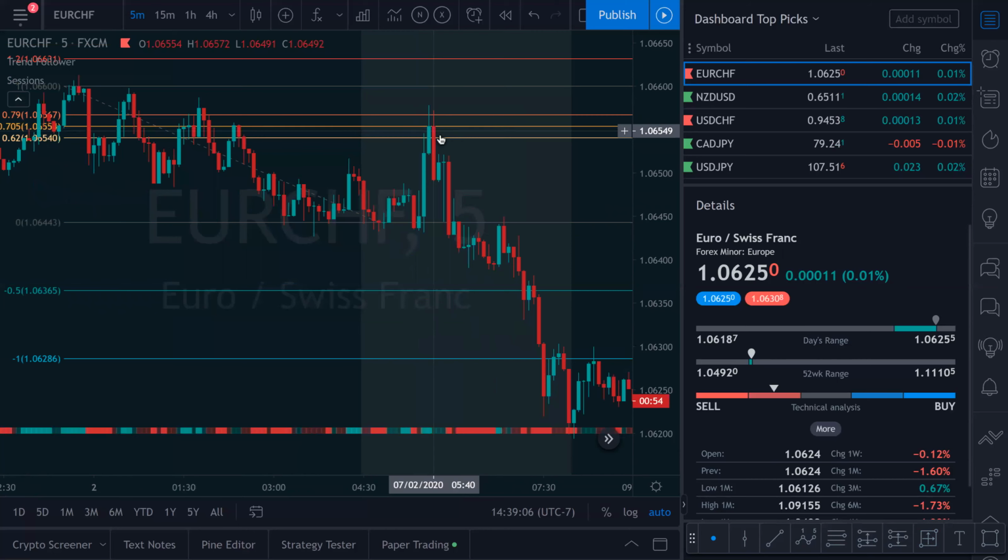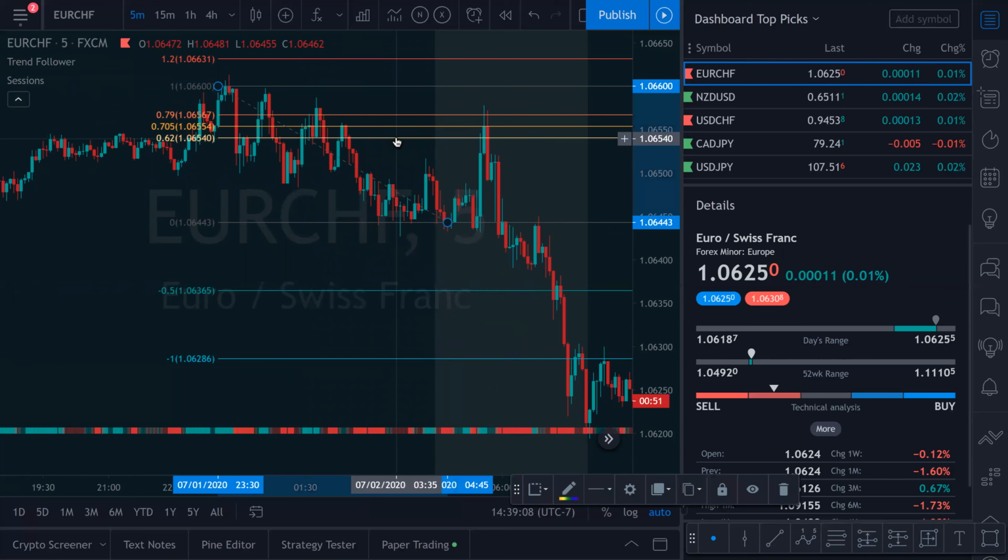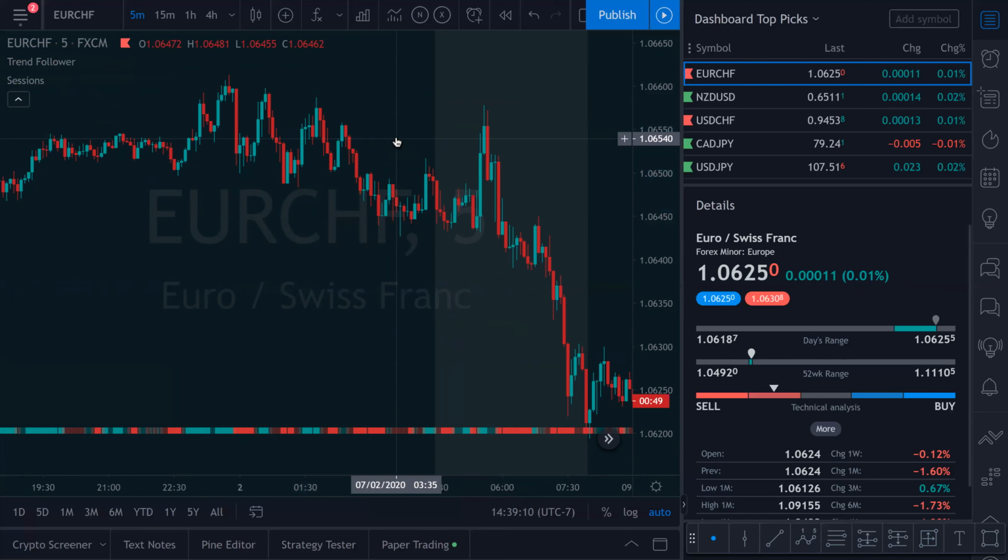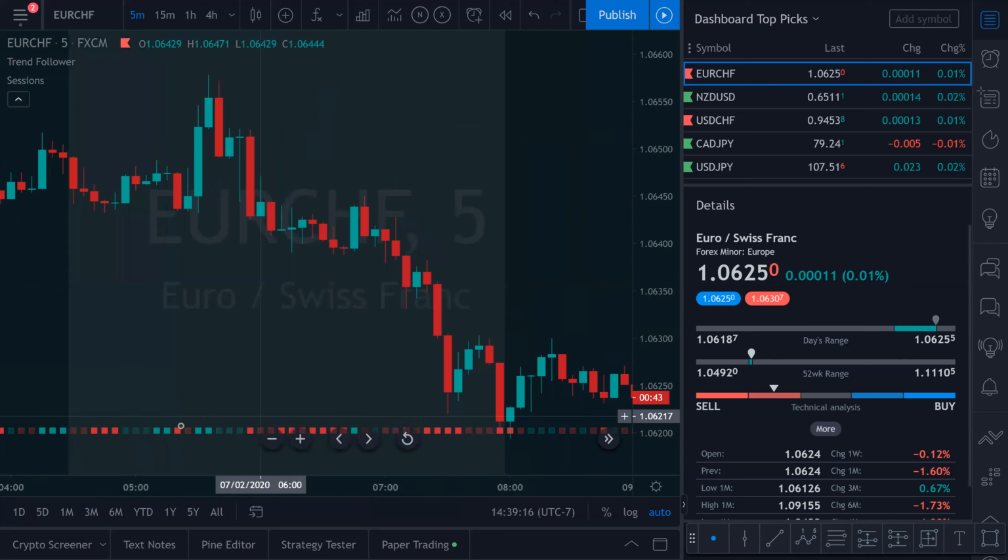So I've borrowed the fib use from him, and obviously the market maker method. And I don't think I would have found this if I never found No Nonsense Forex. That's his name.